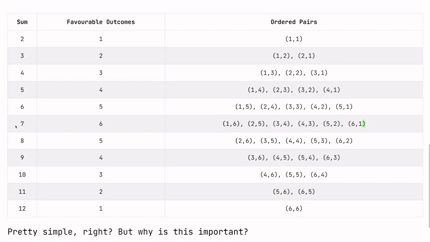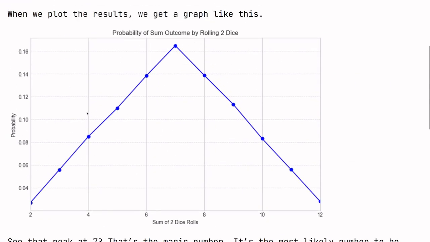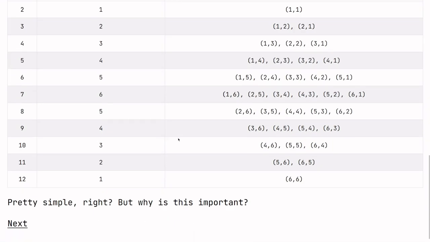For the sum to be 7, there are 6 favorable outcomes, 6 ordered pairs that are able to do that. By ordered pair I mean die 1 has 1 and die 2 has 1, right? Plotting this rhombical shape on the distribution curve, you get something like this, which really makes sense if you think about it. Pretty simple, right?